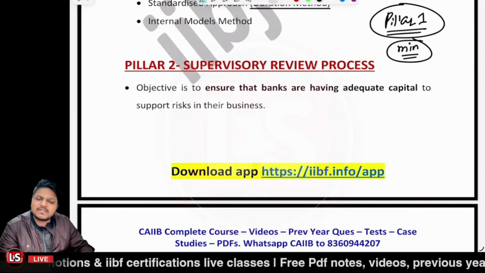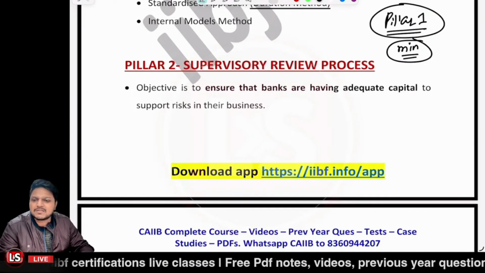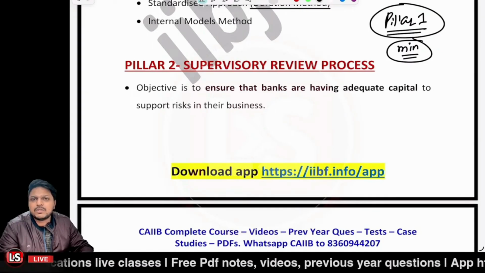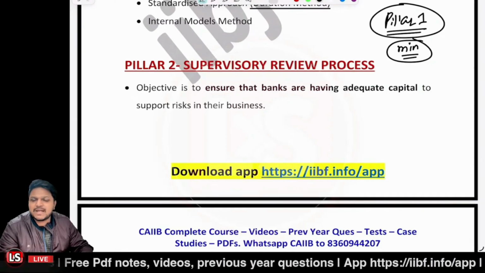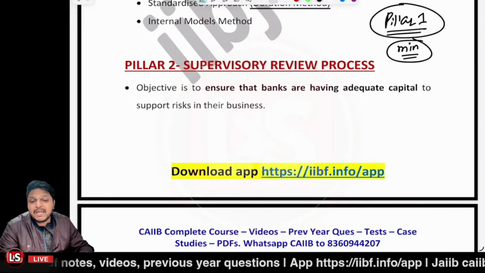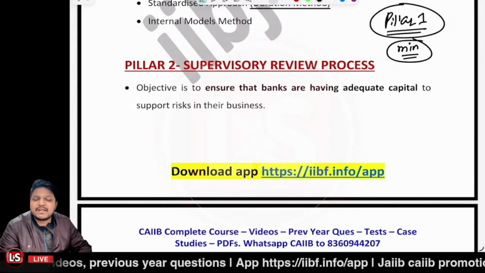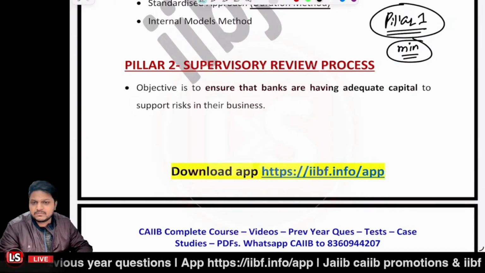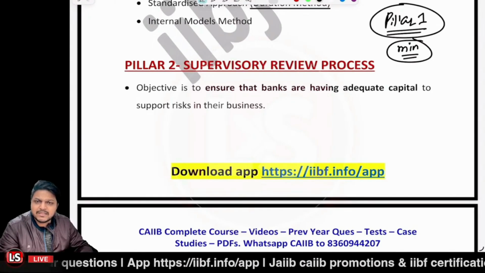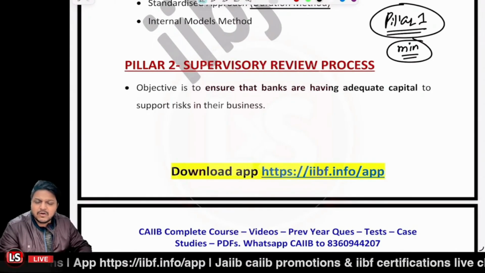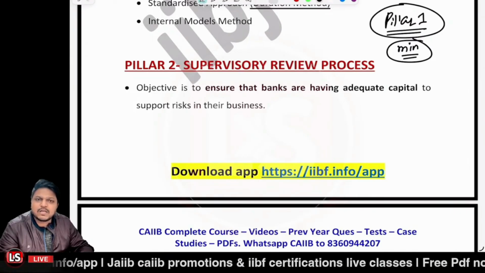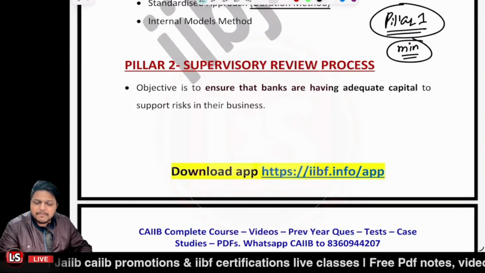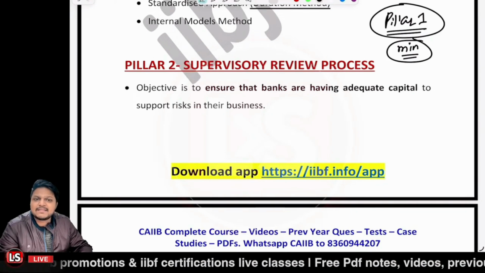Because in pillar 1 we are concerned about only 3 major risks: credit risk, market risk and operational risk, and no other risk. So it may be the case that some residual risk is left in the banking sector or in the bank profile, which is yet to be covered, for which capital is to be held. That is the part played by the SRP.